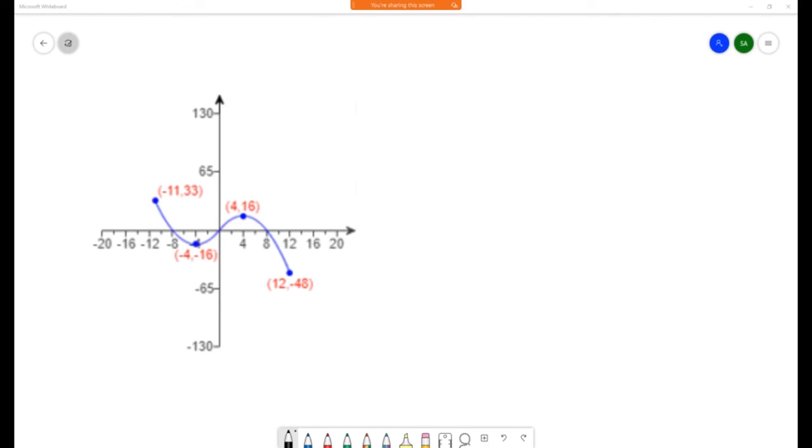So I have this picture here, and this picture comes from a homework question, which is asking about the relative minimum and the relative maximum. This can be a little bit confusing because if we're only thinking about the words minimum and maximum, you would think that you're looking for the highest or the lowest.